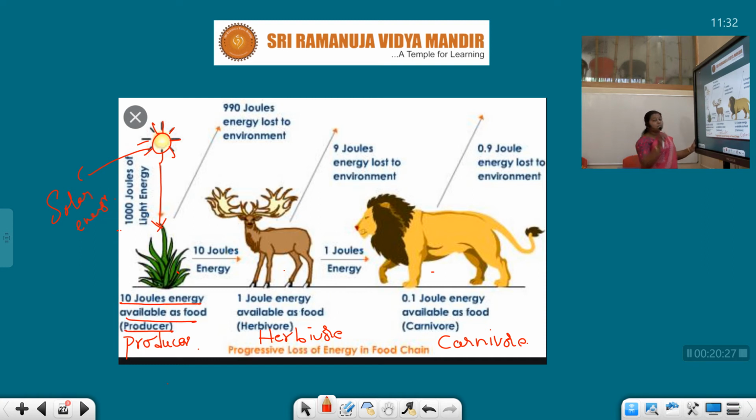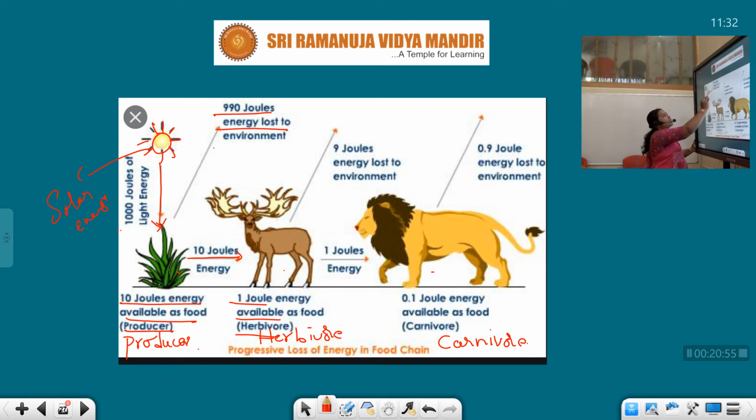So only 10 joules of energy can be stored in the form of food. Only 10 joules. And here 1 joule of energy is available as food for our herbivore. Out of 10, only 1 joule of energy is available as food for the herbivore. Here, how much is being lost?